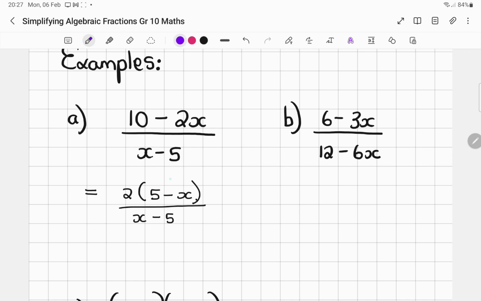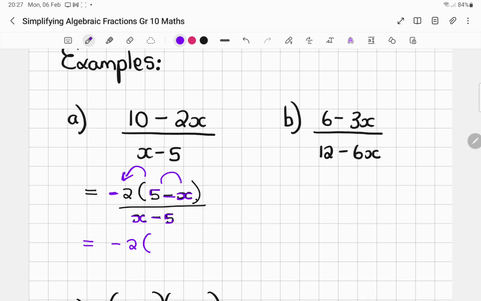So they look almost the same, but can you see that x over here is a negative x, where over here it's a positive x. And here the positive 5 is a negative 5 at the bottom. So I'm going to take out, we call it take out, a negative. And that is going to make all my signs change inside the bracket.